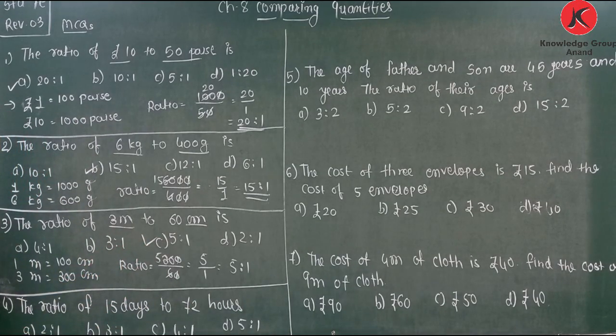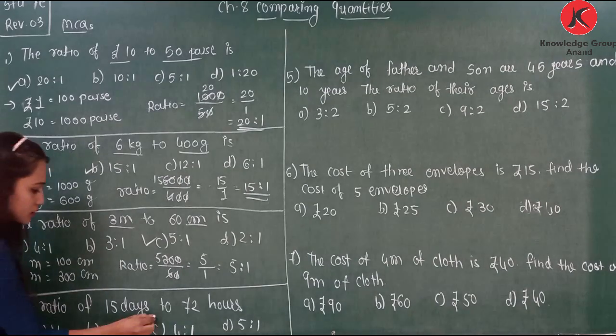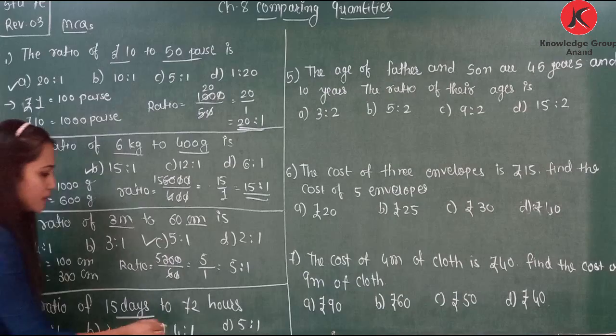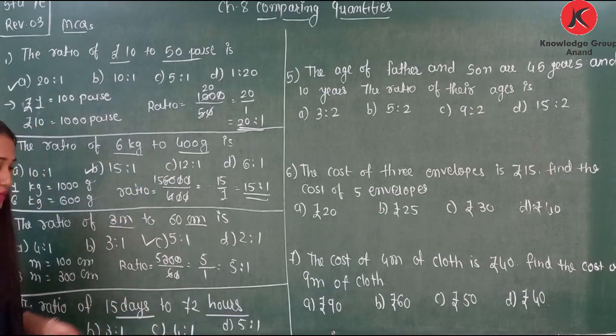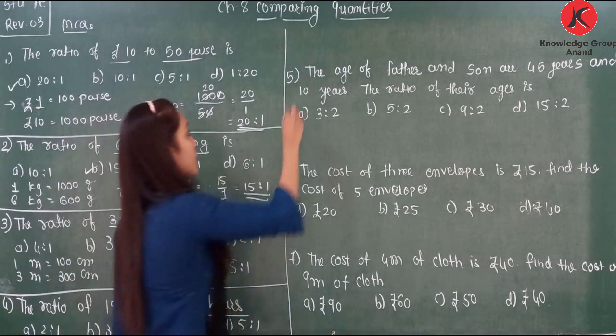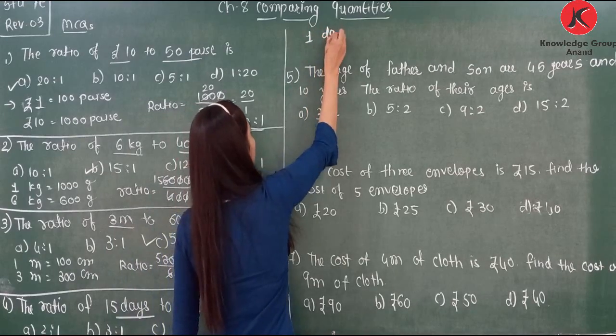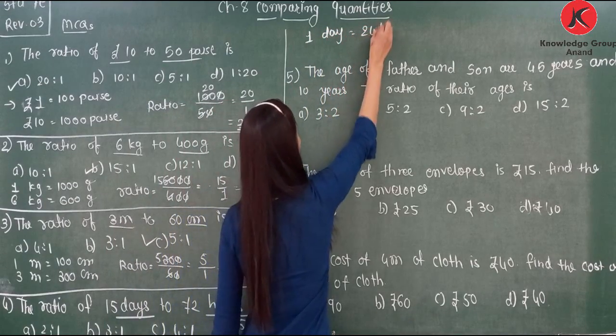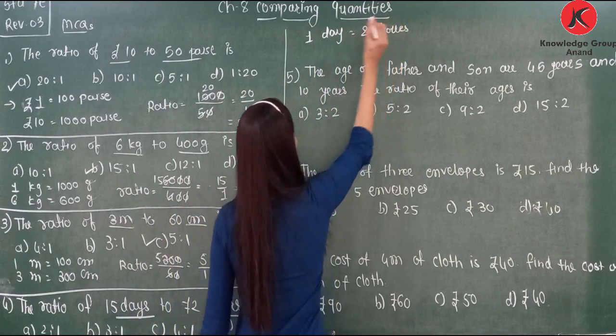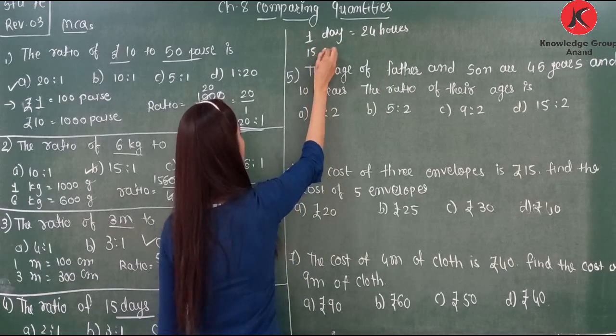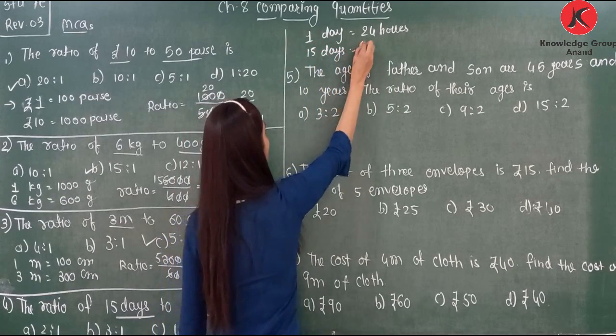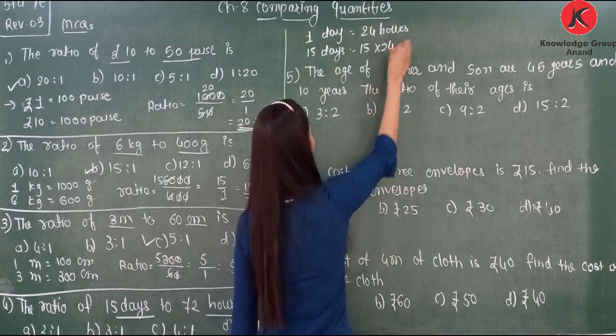Next one. The ratio of 15 days to 72 hours. Now here the first quantity is in days and the other quantity is in hours. So convert day to hour. 1 day is 24 hours. So 15 days is equal to 15 multiplied by 24 hours.